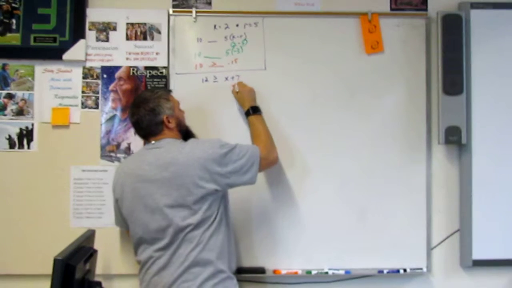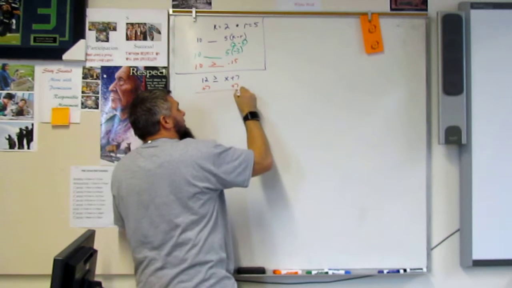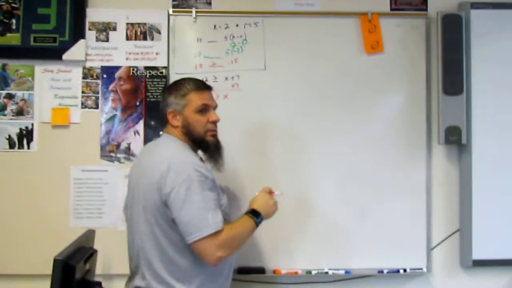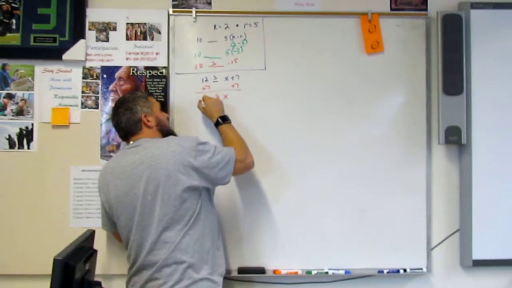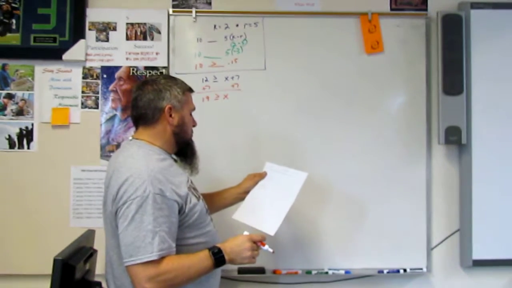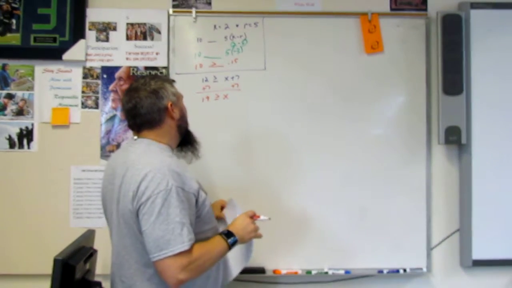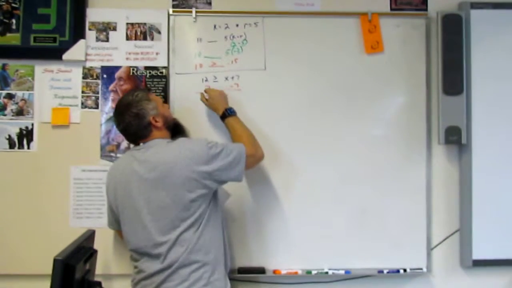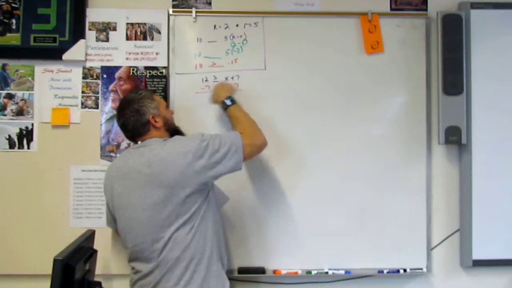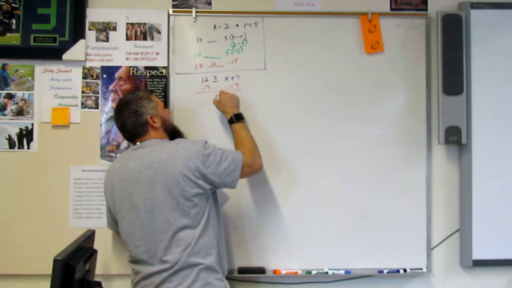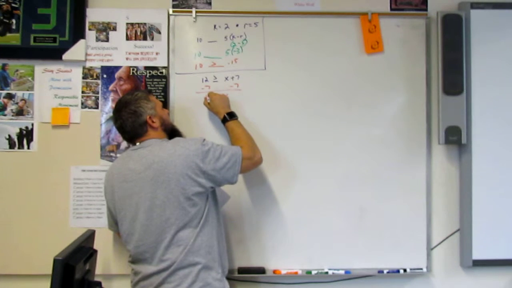So plus 7, I get x is less than or equal to 19. Oops, that's not right. I'm doing the opposite. -7, -7. And x is less than or equal to 5.